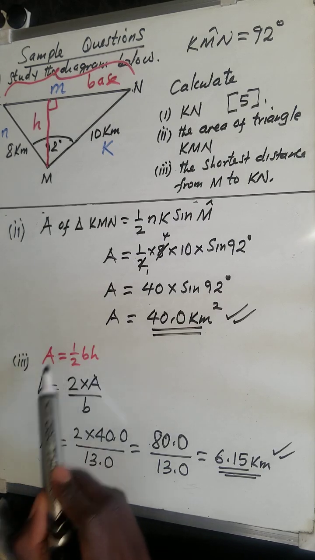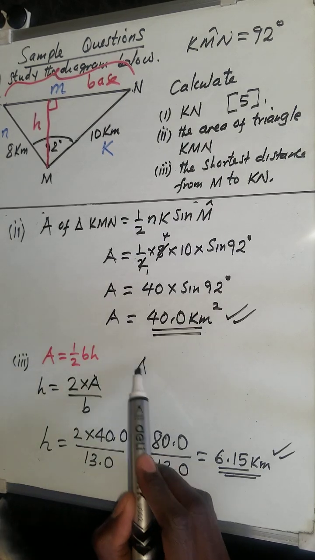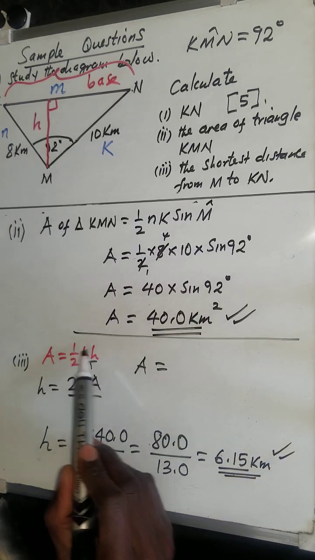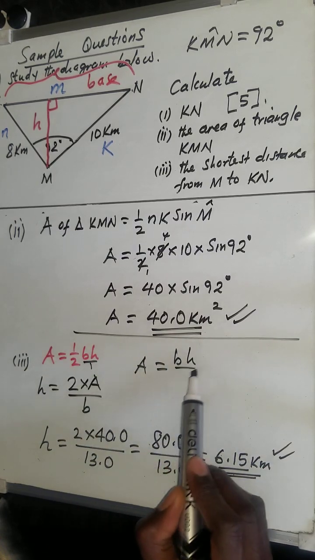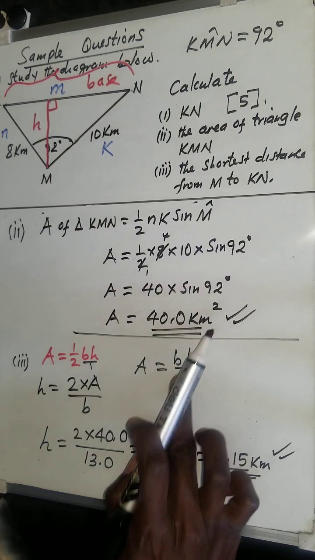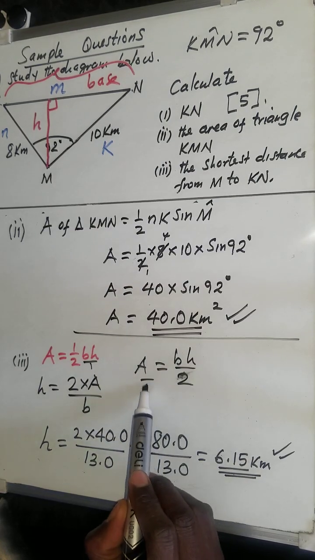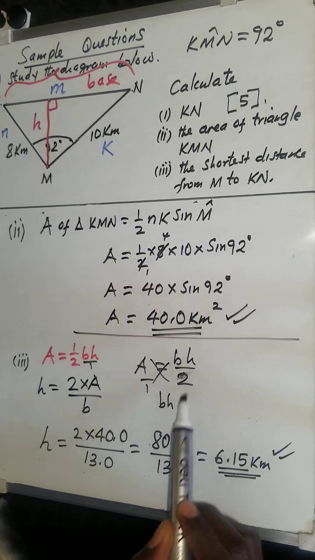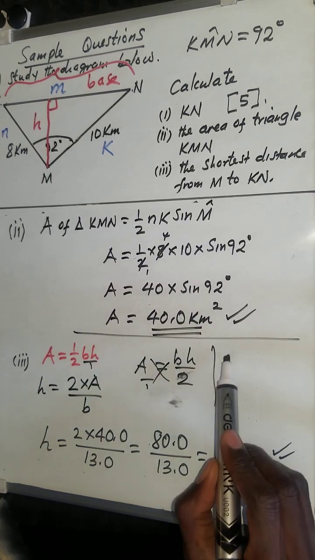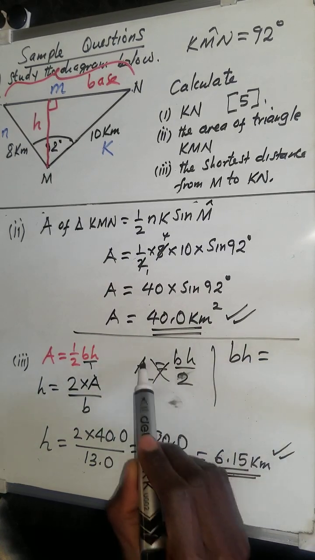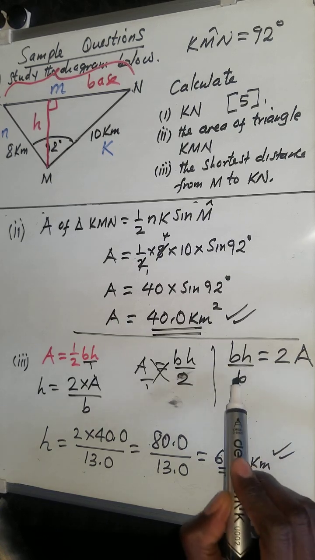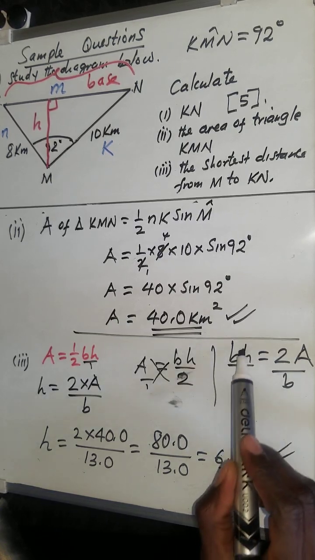If you are confused how I got that, remember area is equal to, this can be written over this times that, that will give you BH over 2. That's what you're going to have. The next thing, you can say over 1 and cross multiply. So it will be BH, let me just write it this side. It is going to be BH is equal to this times that, 2 times A. To find h, you divide by B. What I do this side, I do it the other side.